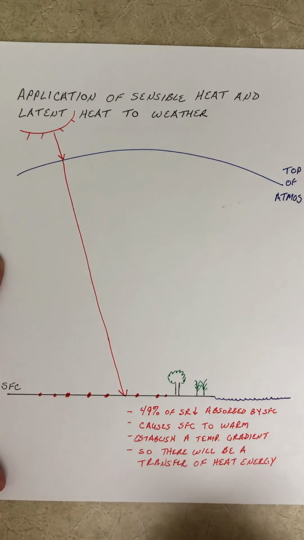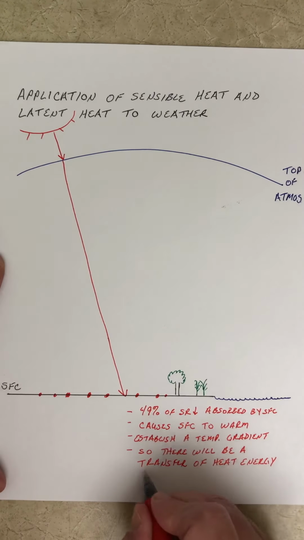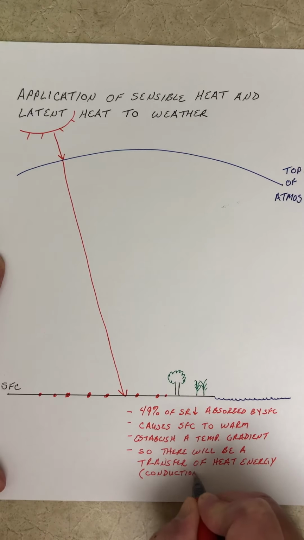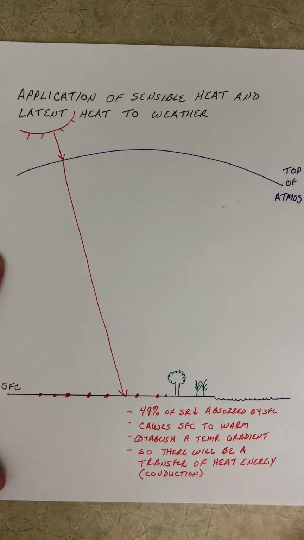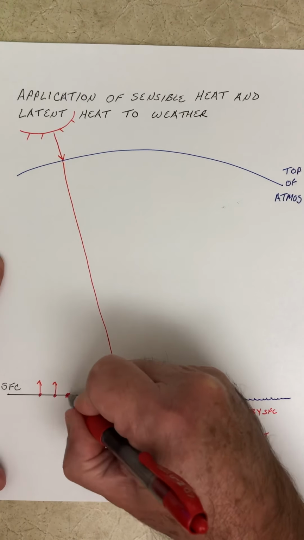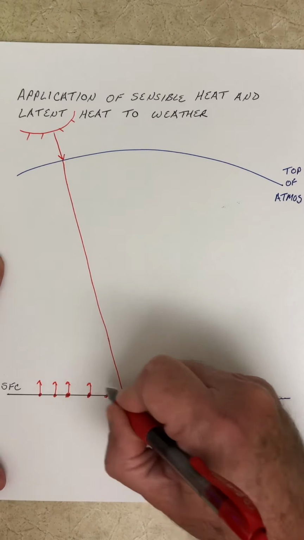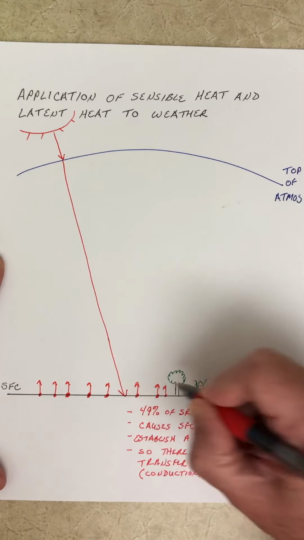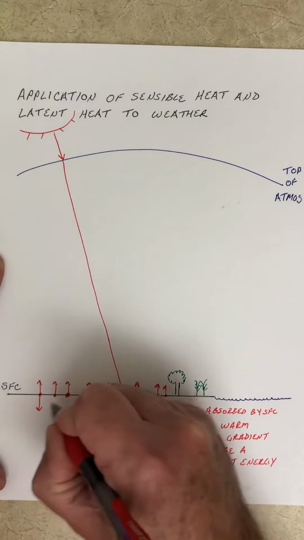And so that transfer of heat energy in this particular case is going to be through conduction. Heat flows from an area of surplus to an area of deficit. So the heat will flow up into the atmosphere above, into a thin layer of air that's in contact with the ground, and into the ground below.